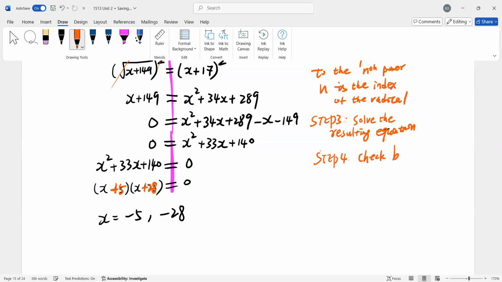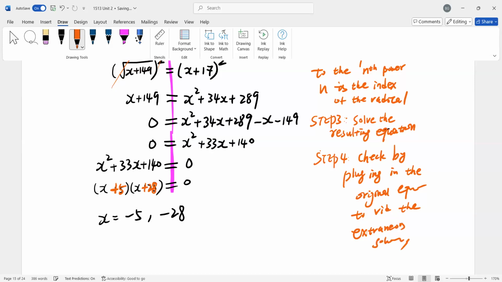Check by plugging in the original equation to reject the extraneous solutions. If you don't see what the word is, a little cursive, just let me know. I'll tell you what it is.